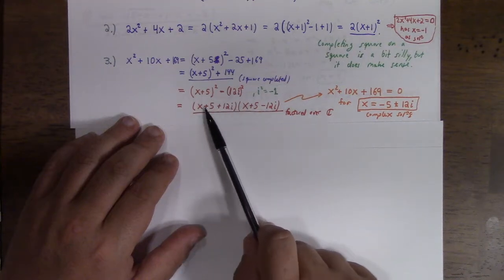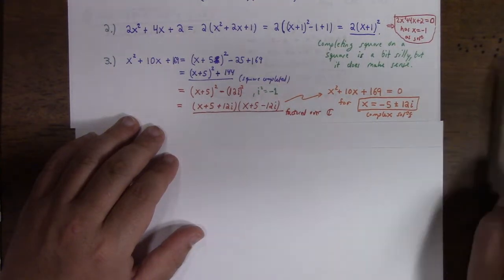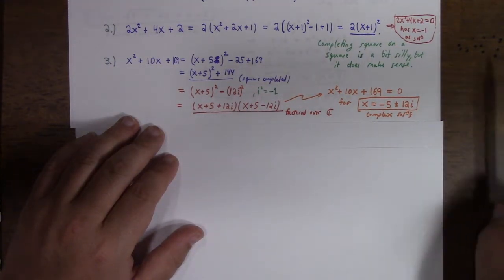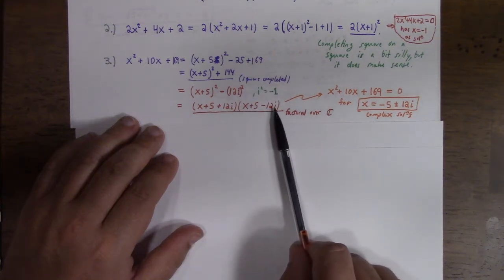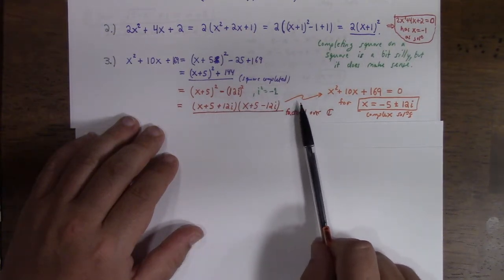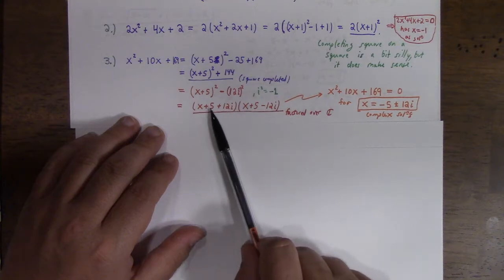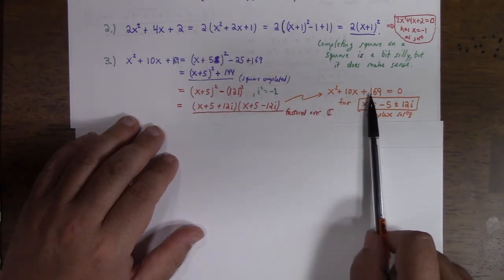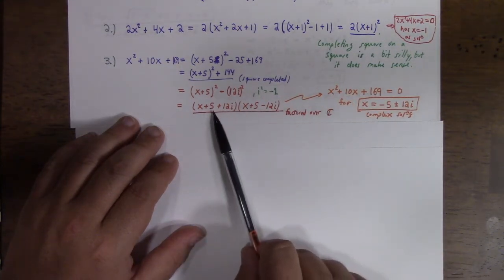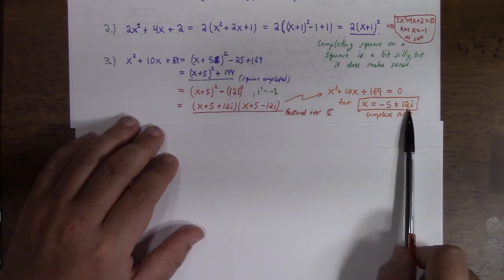Anyway, it's the difference of perfect squares form again. And then from the usual song and dance, this means that the solutions to x squared plus 10x plus 169 equal to 0 are x equals minus 5 plus or minus 12i.